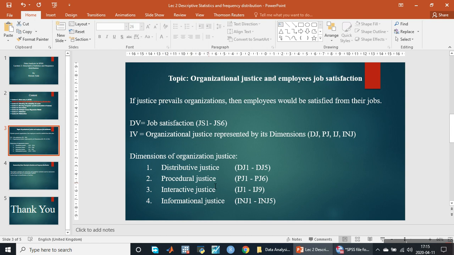In the procedural justice scale, there are 6 questions from PJ1 to PJ6. The interactional justice scale has 9 questions from IJ1 to IJ9, whereas the informational justice scale has 5 questions from INJ1 to INJ5.